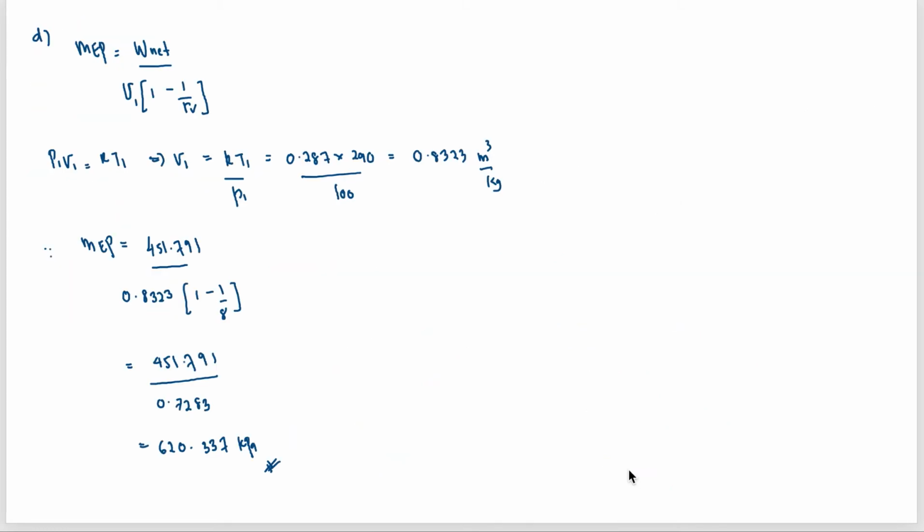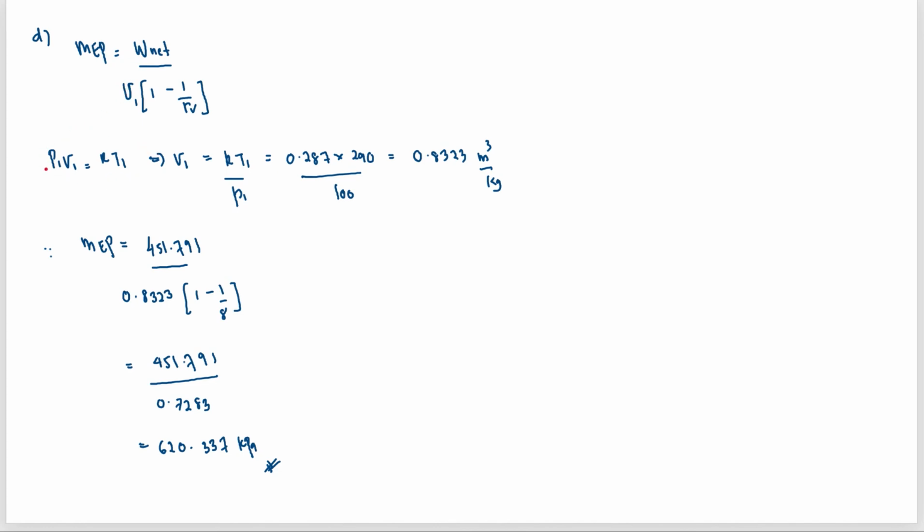Next question is mean effective pressure. The formula of mean effective pressure is w net, small letter, divided by specific volume maximum, which is v1, multiplied by 1 minus 1 over the compression ratio. So how do I get v1, or v at BDC, or v maximum?